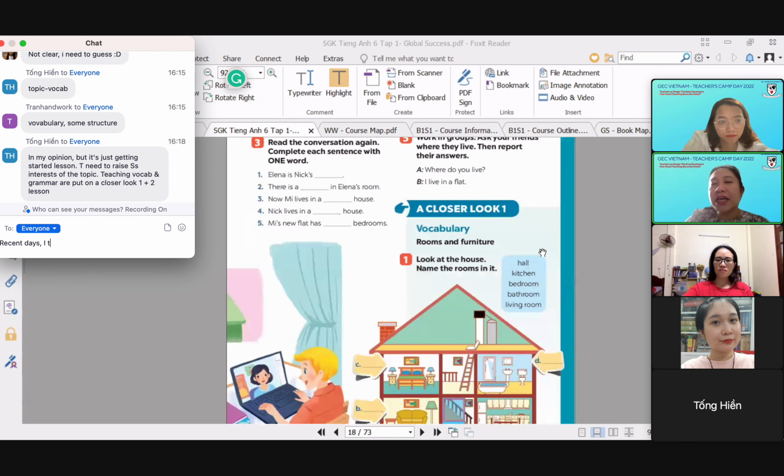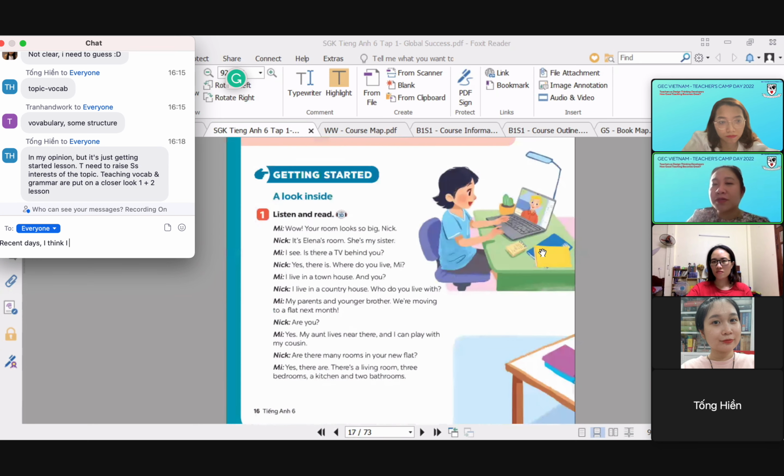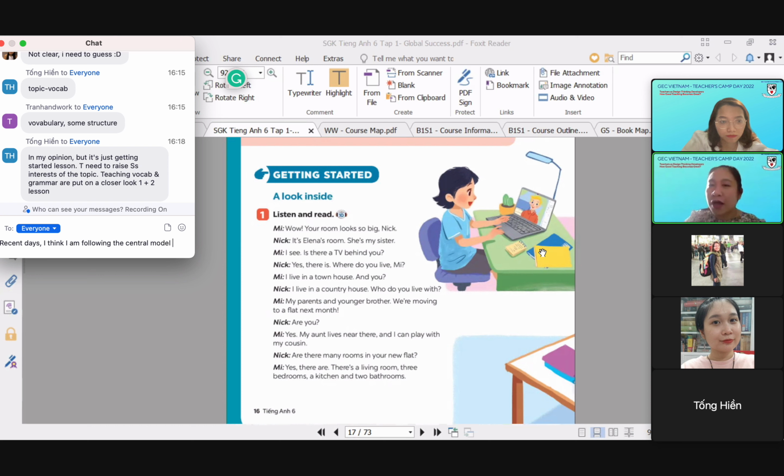Okay. And if you get any problem during your implementation of your lesson, when you define the problem and you understand the problem very well, you need to go through 5 phases of design thinking to solve your problem. At least you need to go through 3 phases. Discovery, okay?